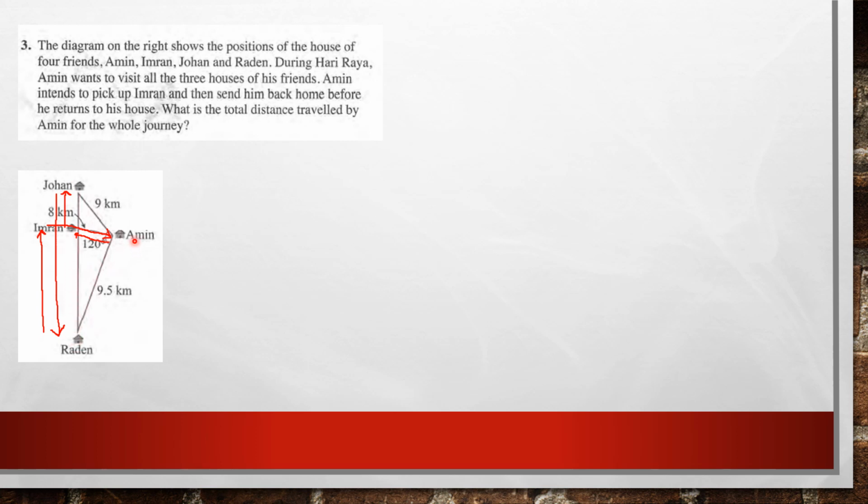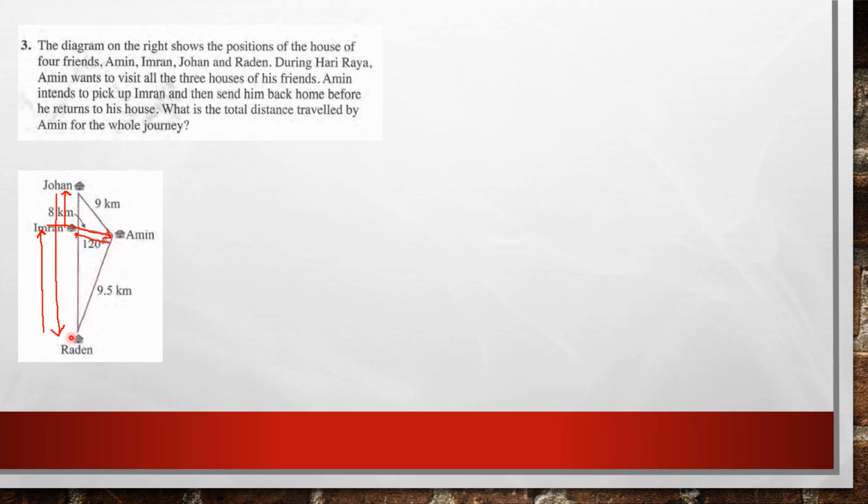And also from Amin to Imran also twice. The length you have to times with 2. Okay. So first, we know the length between Amin and Imran's house, that is 8. So we need to calculate the distance between Johan and Radin's house.